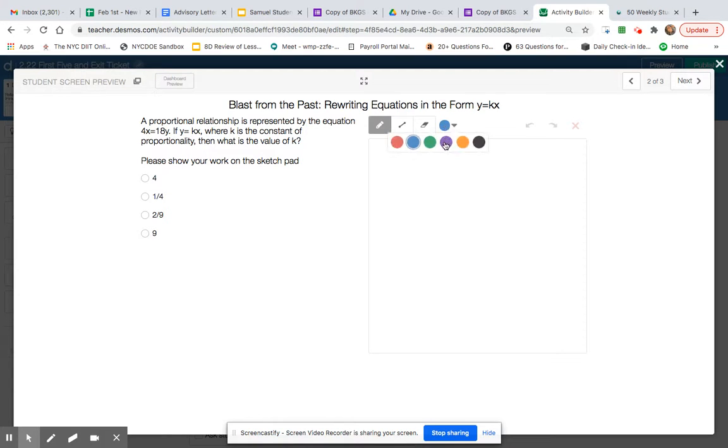Okay, so keep in mind, guys, equations of proportional relationships are written in the form y equals k times x, right? All right.